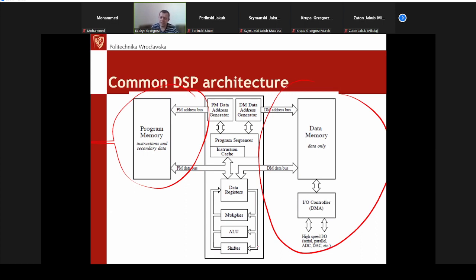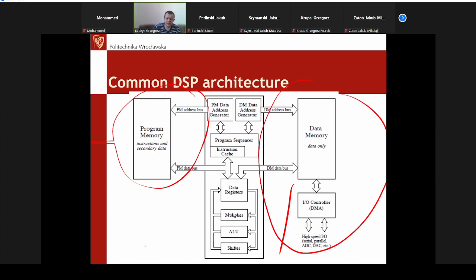Additionally, in order to increase this memory bandwidth and the access, we've got by default in DSP processors always some DMA. The DMA plays a crucial role in offloading the microcontroller from transferring data between peripherals and memories, or memories and memories, or memories and peripherals.